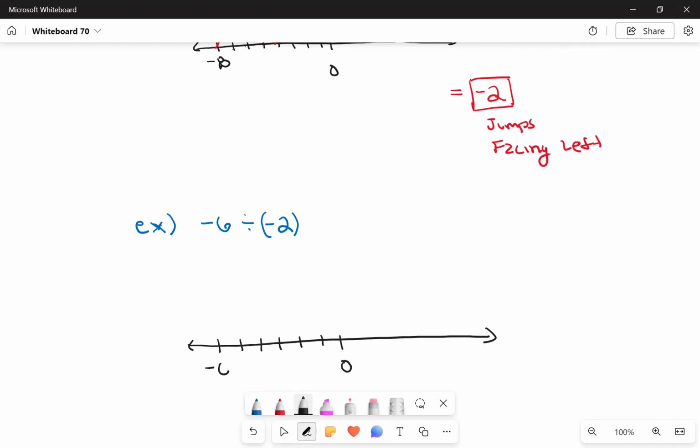Okay, so that's where we want to end up. We're going to be making jumps of size 2 to get there. But our little person is going to be facing or jumping backwards. So that's what the negative on the 2 means.